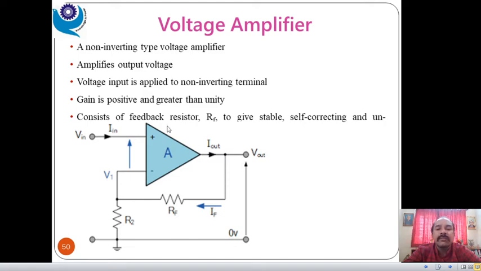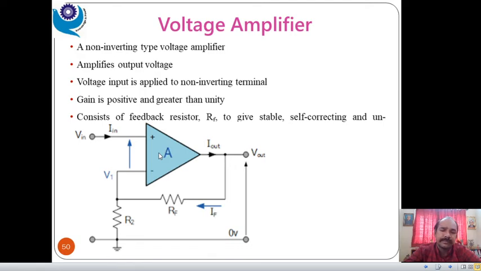The gain of the amplifier in open loop condition is ideally infinite, or practically around 2 lakh, a very high gain. That's why the name itself, mu A 741 op-amp.